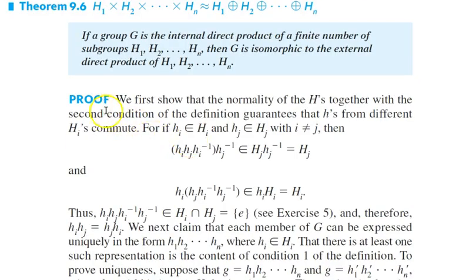And we have this theorem in place. If a group G is the internal direct product of a finite number of subgroups, H1, H2, and so on, Hn, then G is isomorphic to the external direct product of H1, H2, and so on, Hn.